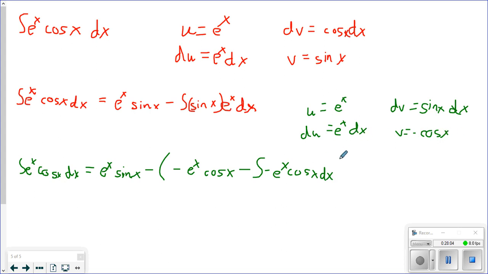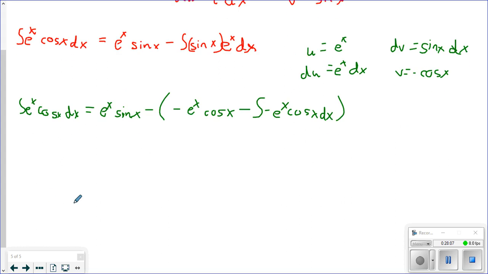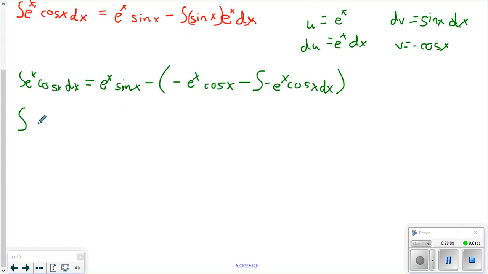The negatives from there. Now I'm going to simplify this a little bit before I go any further. So the integral of e to the x cosine of x dx equals e to the x sine of x minus a negative, so it's going to be plus e to the x cosine of x. This is minus a negative integral, so that's going to be positive, but minus that positive, lots of negatives, minus the integral of e to the x cosine of x dx.